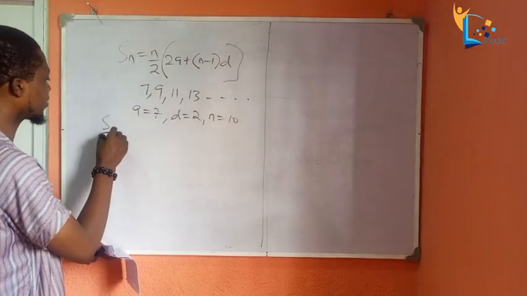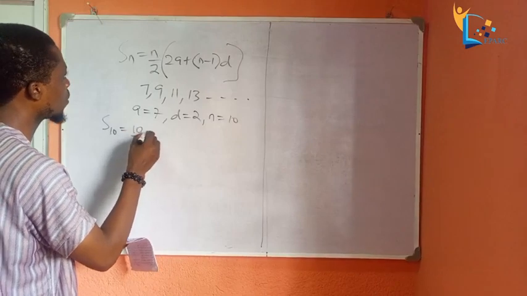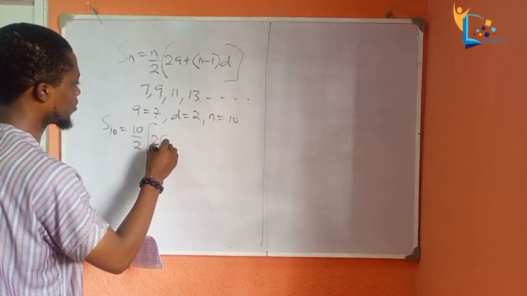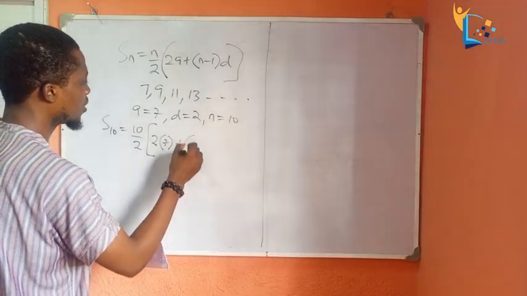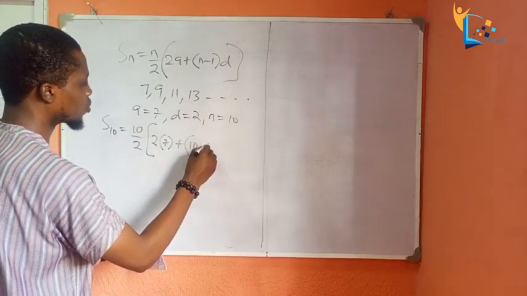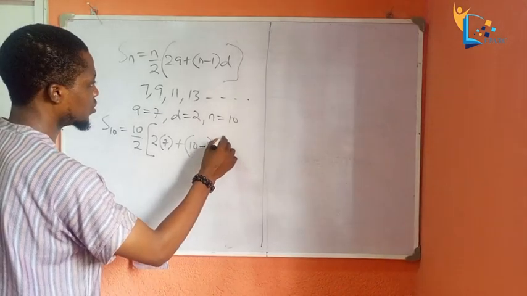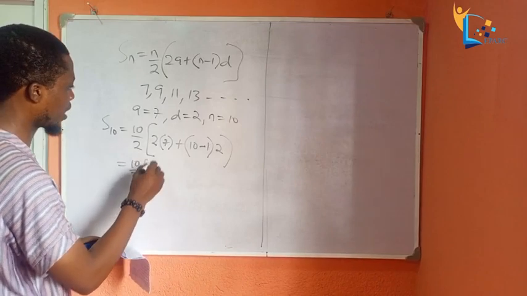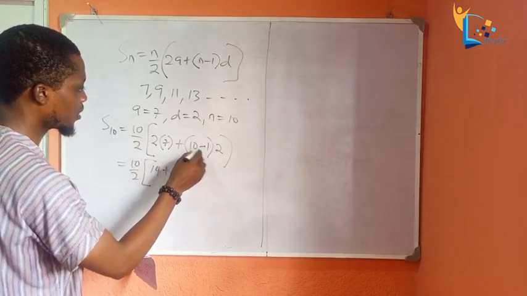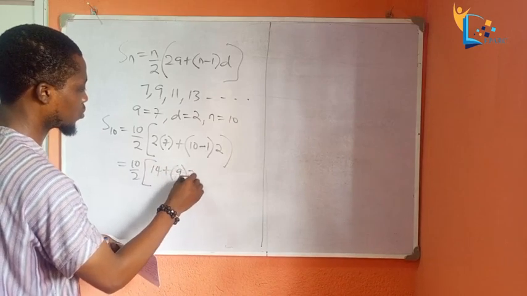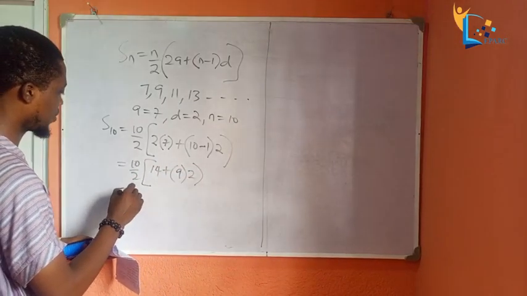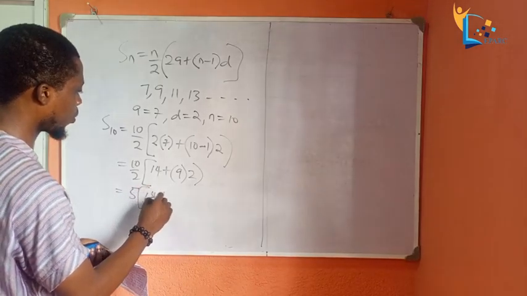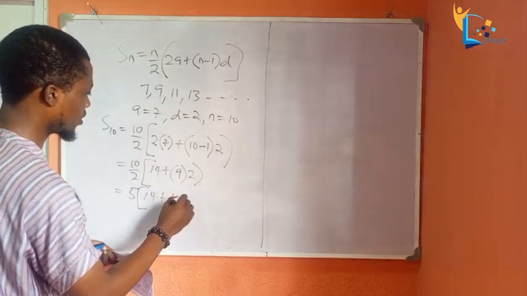So let's substitute now. S10 is equal to 10 all over 2, big bracket open 2 times A, which is 7, plus n, which is 10, minus 1, common difference is 2, okay? So we have 10 all over 2, open big bracket, 2 times 7, 14, plus 10 minus 1, you have 9, times 2, okay? So we have 10 divided by 2, which is 5, okay? 14 plus 2 times 9, 18, okay?